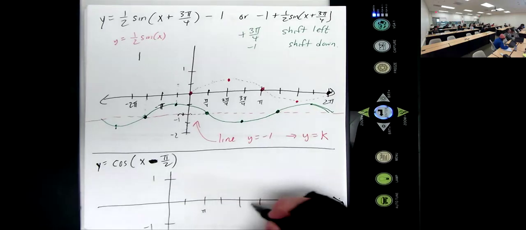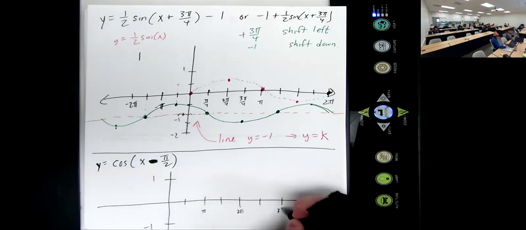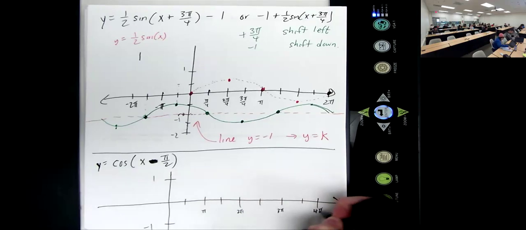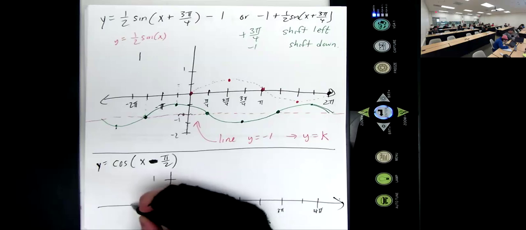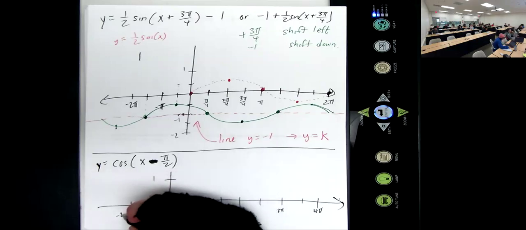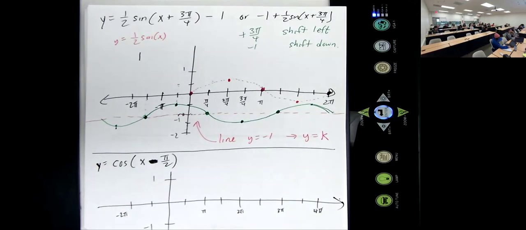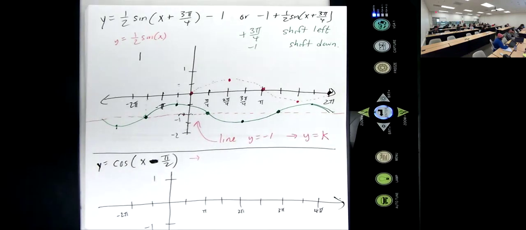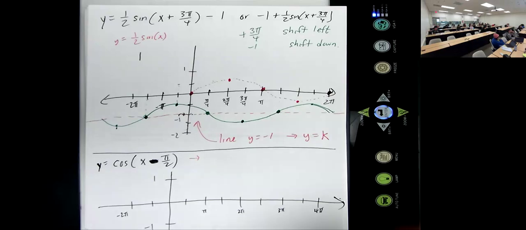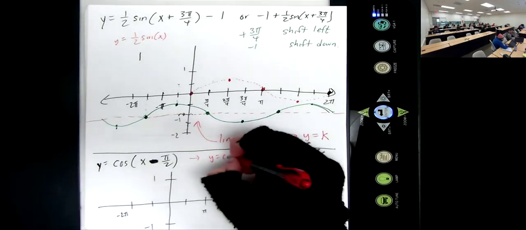Say that's pi, that's 2 pi. What's the base graph? What are the points for it? What's the base equation I'm working on? y equals cosine, just y equals cosine x.